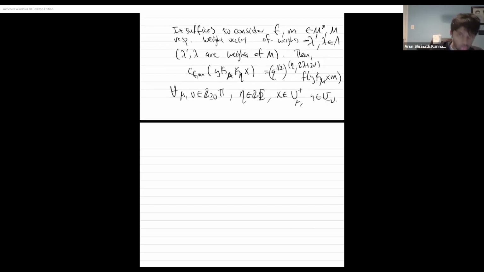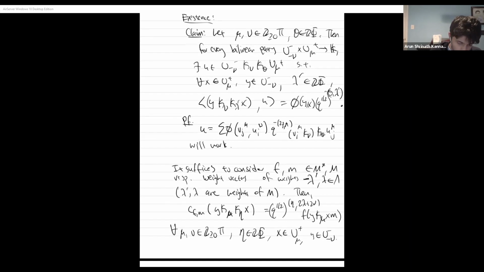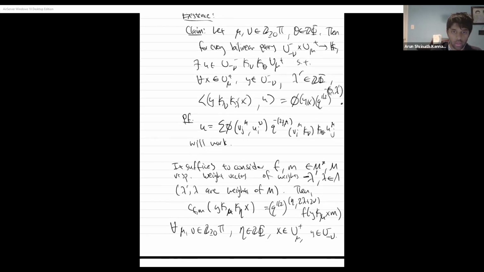Okay, so what we're going to do here is apply the claim to the following function.